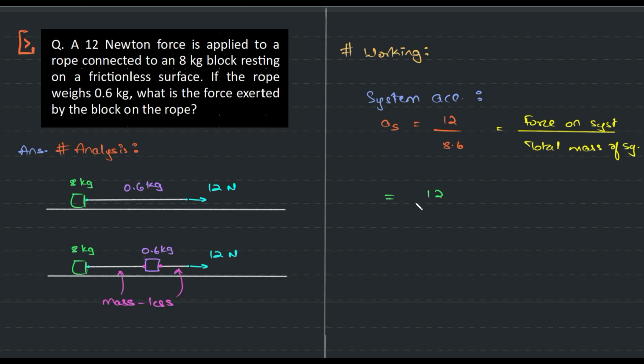So this would be 12 divided by 8.6 and this is equal to 1.4 meter per second square.